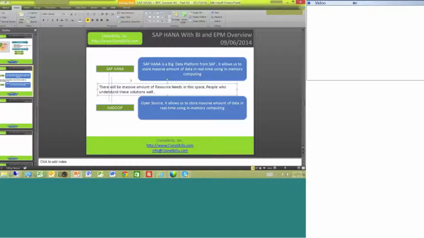When I say this space, I mean interfacing SAP HANA and Hadoop: people who understand these technologies and solutions well. These solutions have huge potential. People who understand SAP HANA and Hadoop well are very high in demand. I would say they are the most highly paid people in the industry.